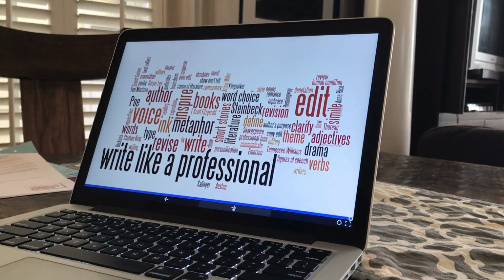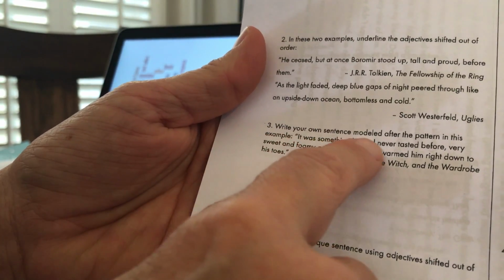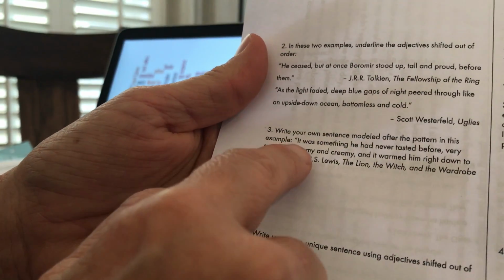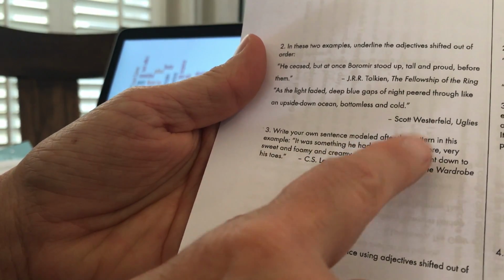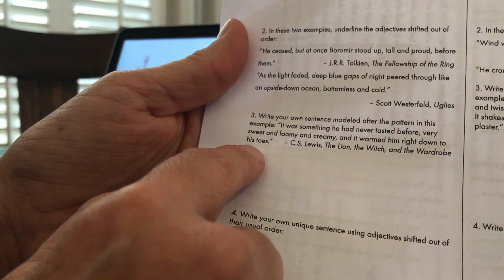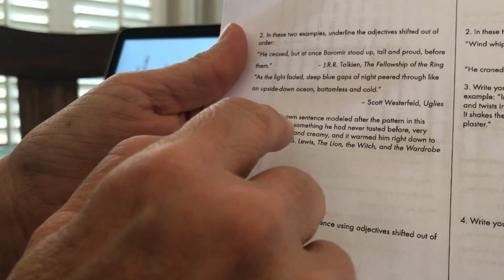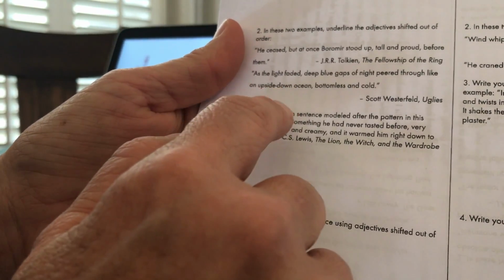Like with, coming back over here, like with this one. It was something he had never tasted before, very sweet and foamy and creamy, and it warmed him right down to his toes. All right, the first time when you want to model and copy the sentence, you can slightly change it. So, caramel corn was, what's something different?